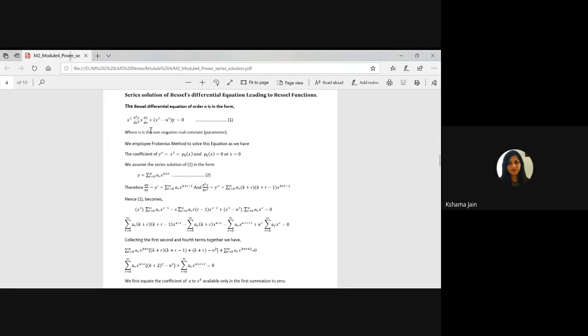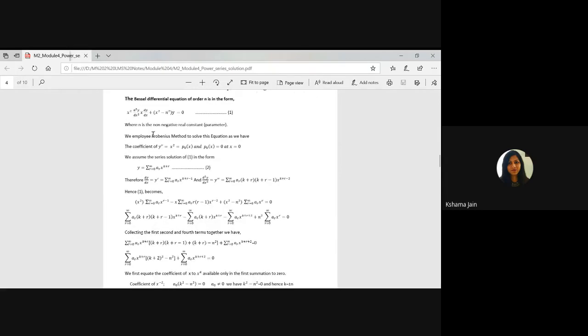Same as the previous method, we are going to solve this. Here we will assume y equals summation of a r x raised to power k plus r. Why are we assuming k plus r, not only r? Because last time the term was 1 minus x square, so at x equals to 0 the term was non-zero, and we could assume directly x raised to power r.